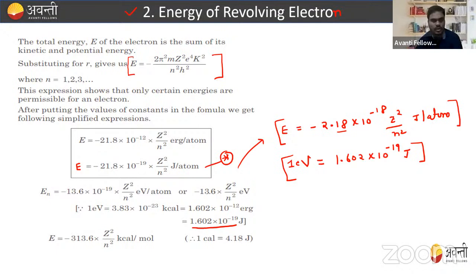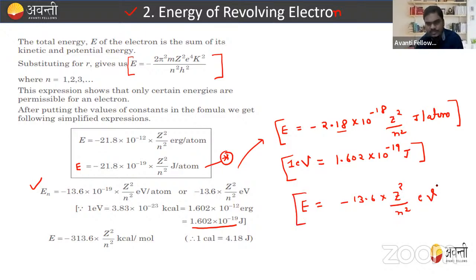Good. Now we can actually calculate the value of En. So in terms of electron volt, what is the formula of energy? This is the formula we are going to use in terms of electron volt: E is equal to minus 13.6 into Z square upon N square electron volt.